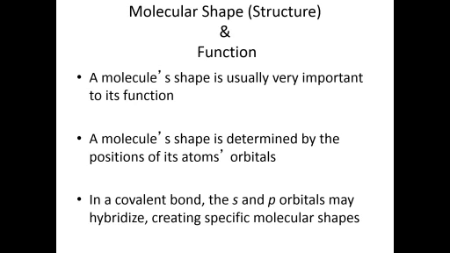Due to these possible charges, this is going to affect the overall shape. Molecules are going to arrange themselves so that there's the least resistance, so that everybody's happy in a molecule.